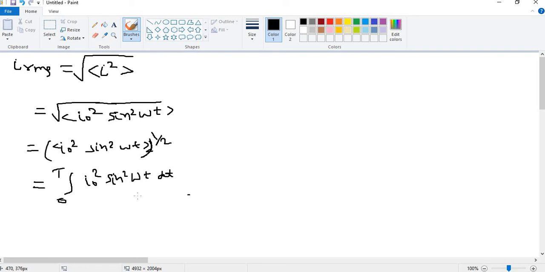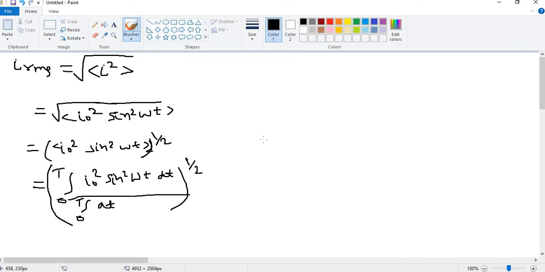And in the denominator we have integration of dt from 0 to capital T, and the whole is to the power of 1 by 2 because we have removed the root.